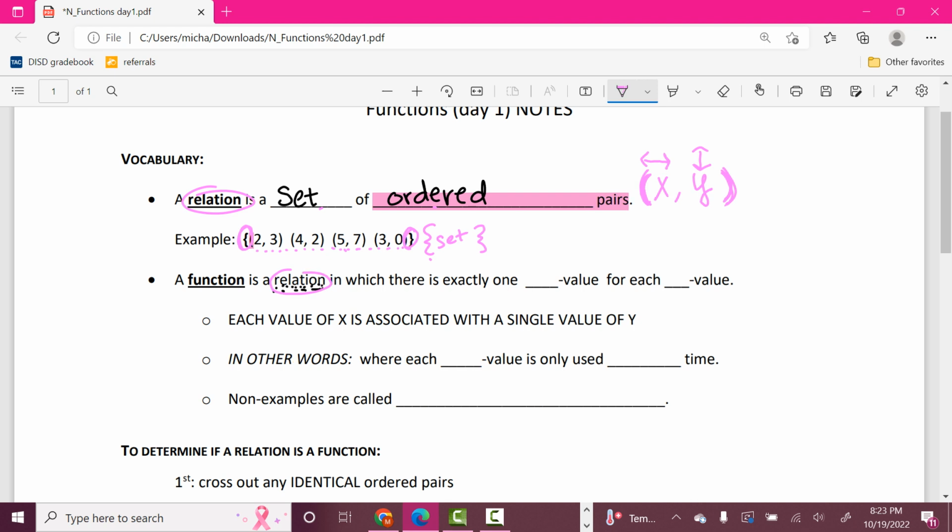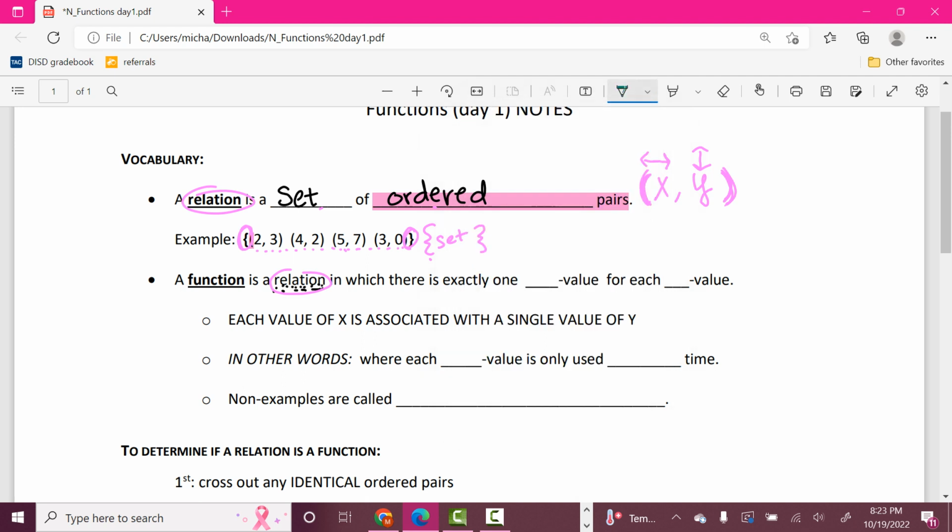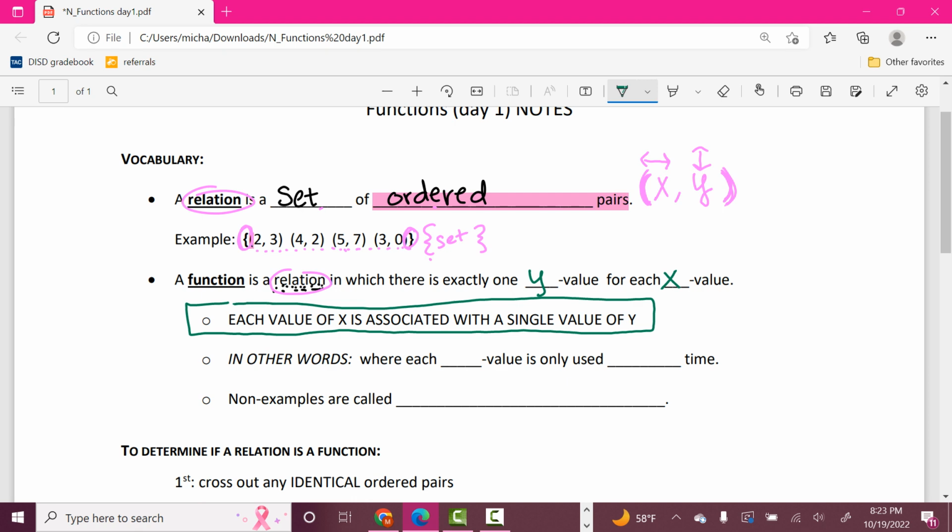So it's ordered pairs that are special. It's when you have a list of ordered pairs where there's exactly one y value for each x value. So this is the one that I want you guys to memorize, which is why it's in all caps. Each value of x is associated with a single value of y.